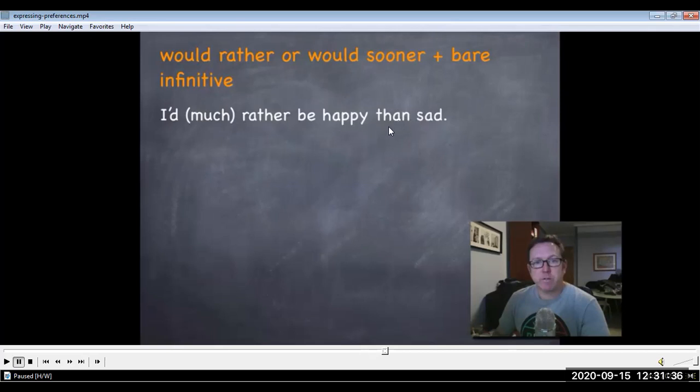Here this means that you want to be happy, you like to be happy, not sad. Okay, happy then sad means happy but and not sad. This is called bare infinitive. Then this is another example. I would sooner be happy than sad. So you can use would sooner also, okay, or you can use just simple would rather.